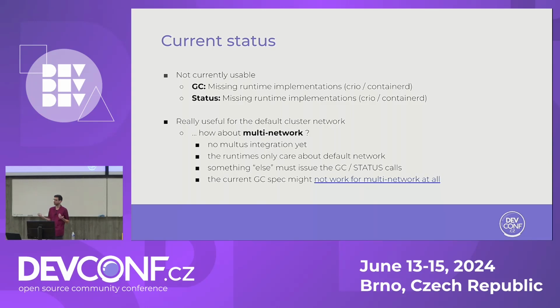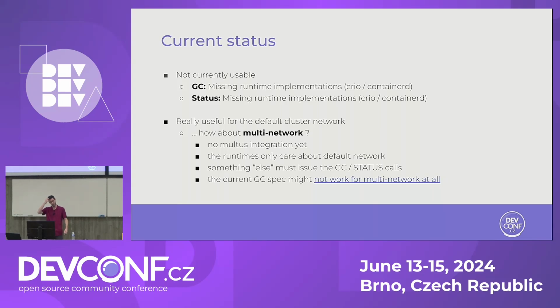So in multi-network, this will not be issued at all, because the runtime doesn't even know about the other networks. So if you want things like status or garbage collection on secondary networks, you will need to be invoking this yourself from somewhere else. So you'd be having to manage these things yourself, which is not good.